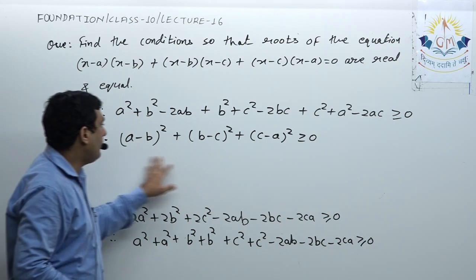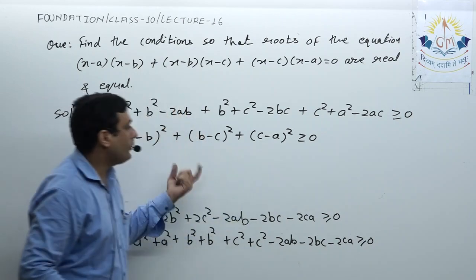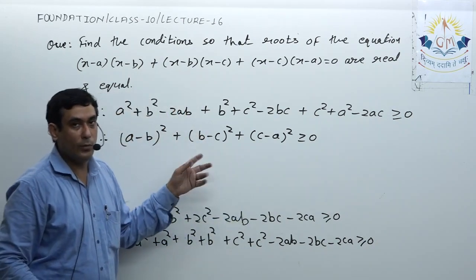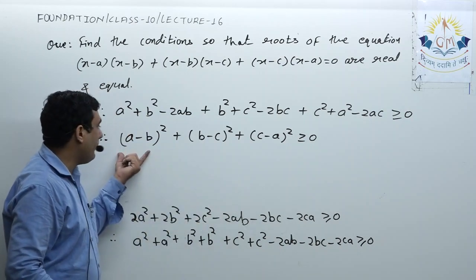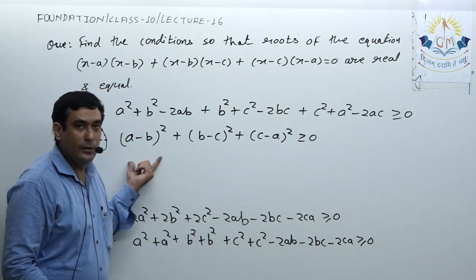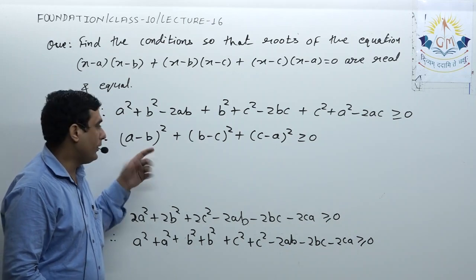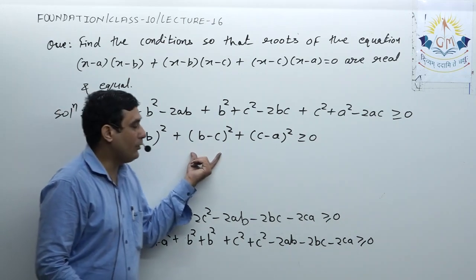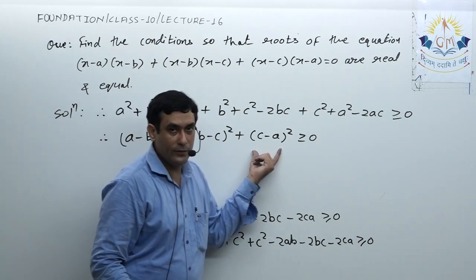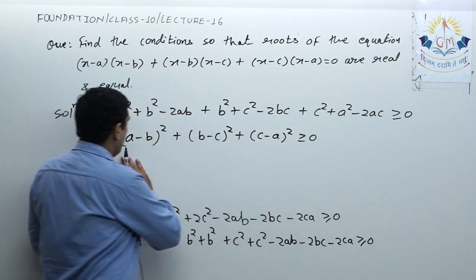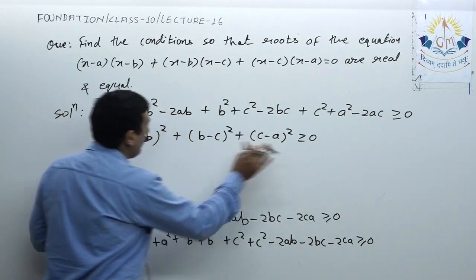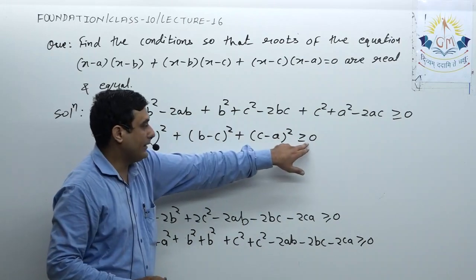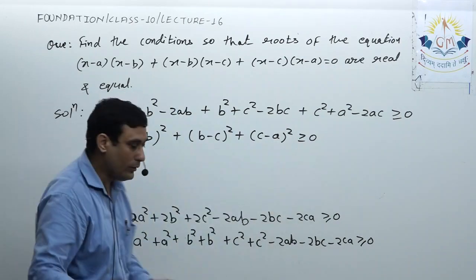Now, the sum of positive quantities, or I should say the sum of three non-negative quantities. A minus b whole square might be 0 or might be positive. It cannot be negative. Similarly, the others cannot be negative. The sum of three non-negative quantities is definitely either greater than 0 or equal to 0.